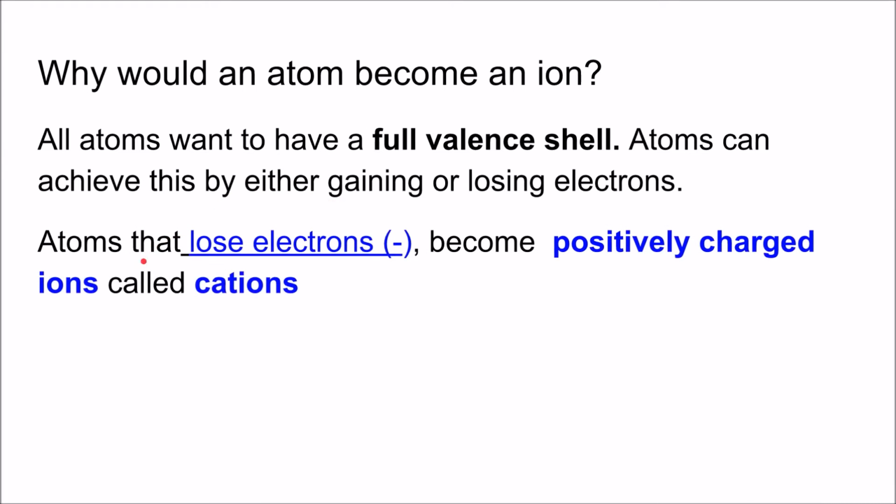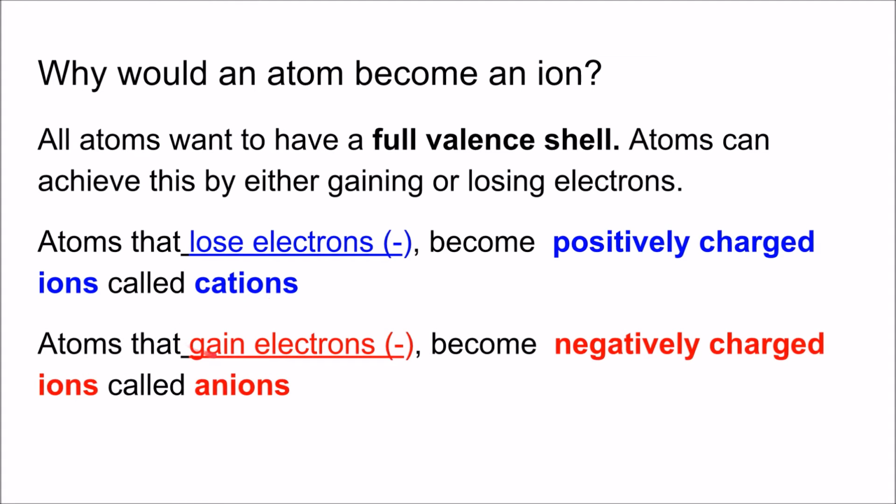If an atom loses electrons, so we're taking away negative charges, that atom becomes more positively charged, and so we call that a cation. If, however, an atom gains electrons, so it's taking on more negative charge, it's going to become more negatively charged, and it's called an anion.